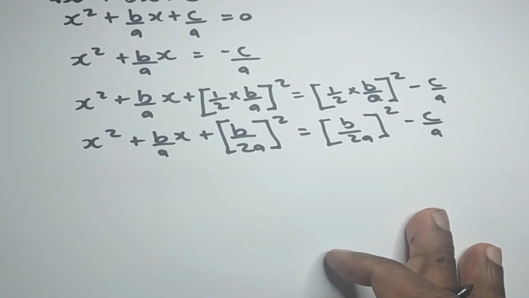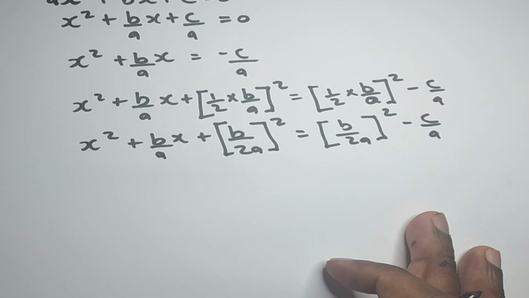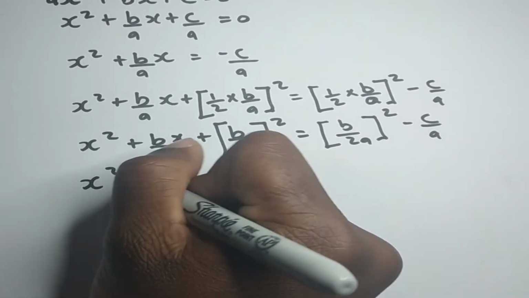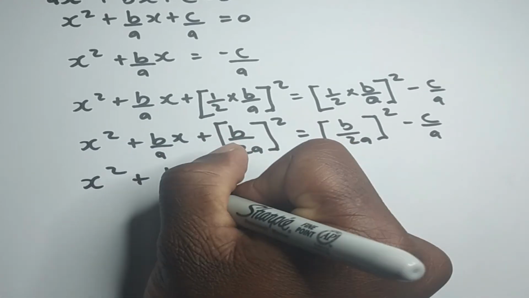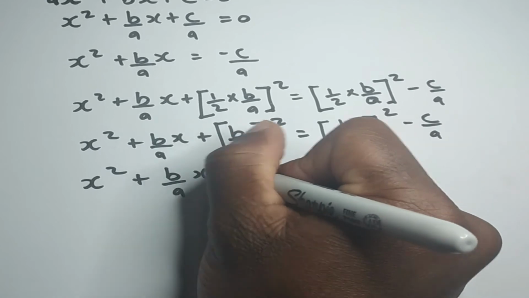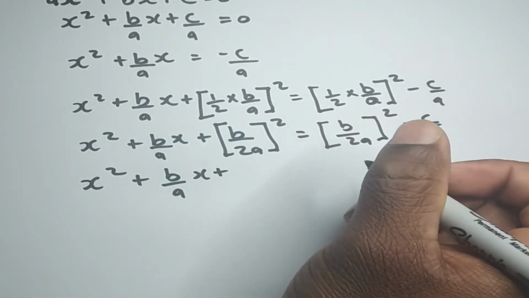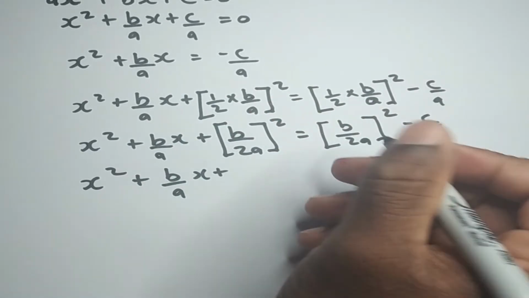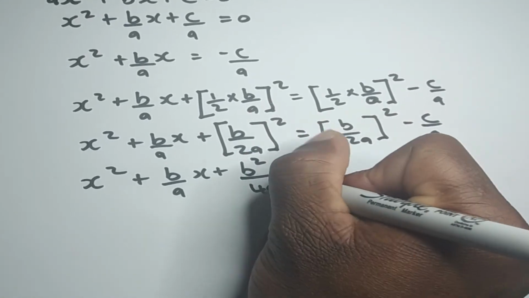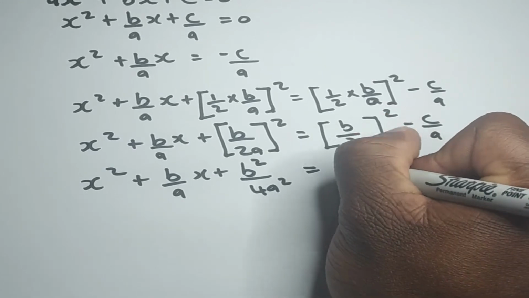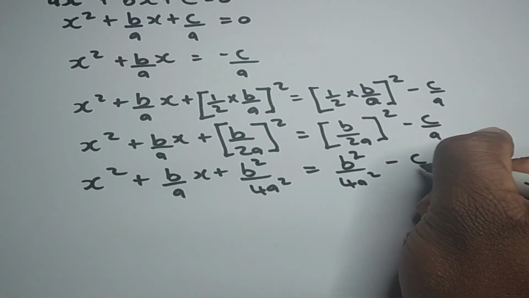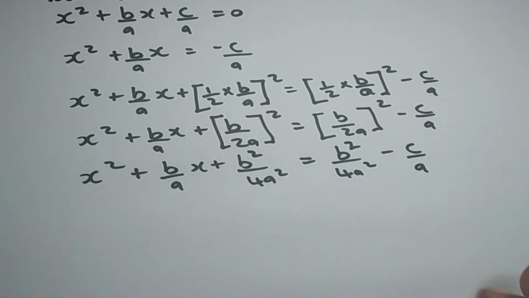Now let's expand this a little further. When we square a fraction, we square both the numerator and denominator. So this works out to give us b squared over 4a squared. Same thing here, b squared over 4a squared minus c over a.